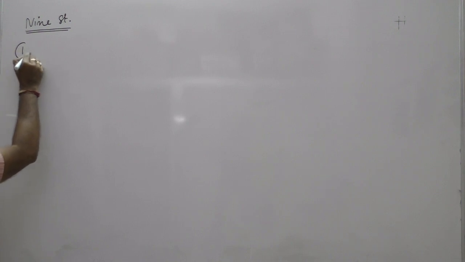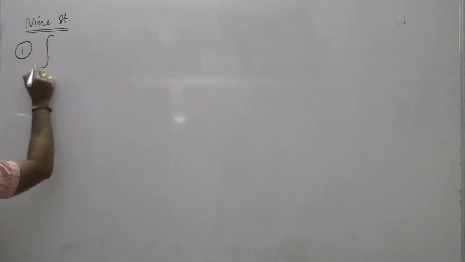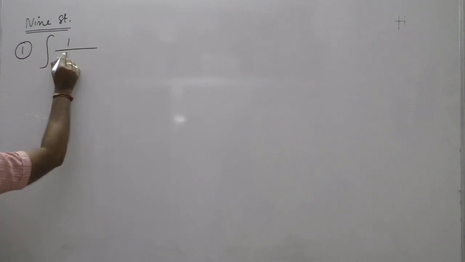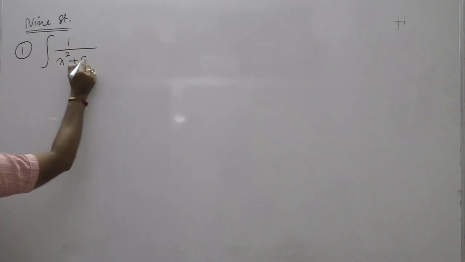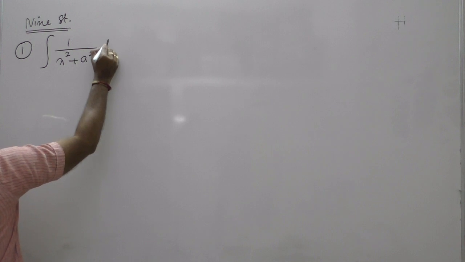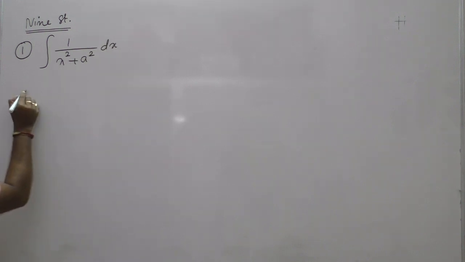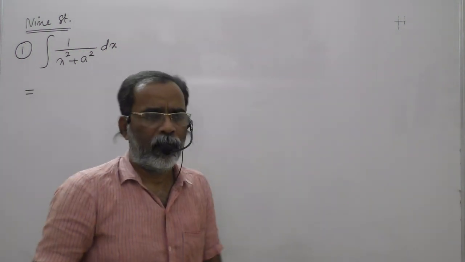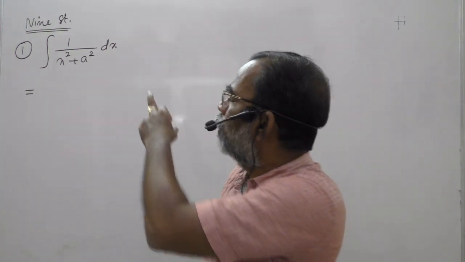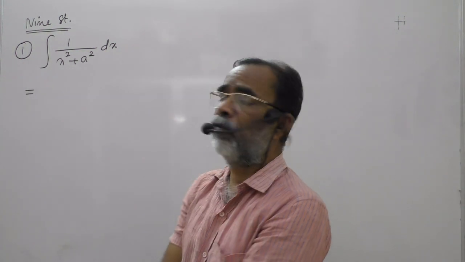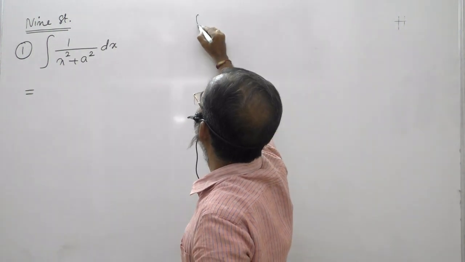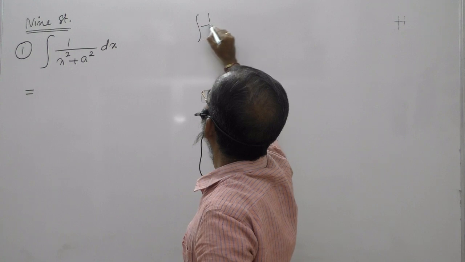Please see number 1. Integral of 1 divided by x square plus a square into dx. We will find this. Please see what this integral of x square plus a square is. In standard integrals we have a formula.